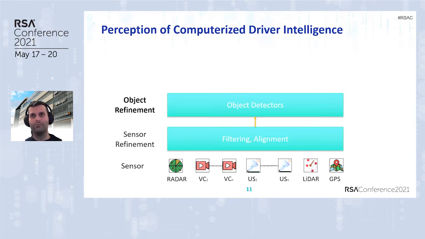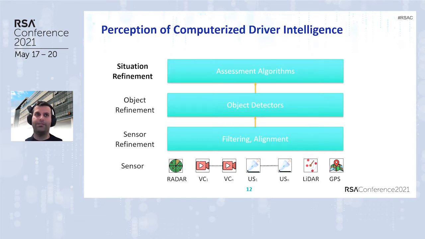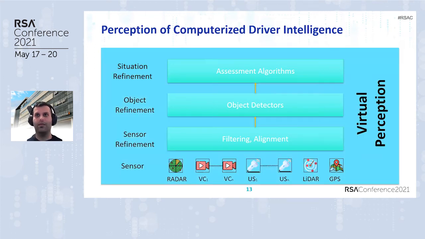The last layer in perception is the situation refinement, which mainly consists of assessment algorithms intended to assess the intentions of nearby objects, for example, pedestrians or nearby cars. As I mentioned, virtual perception consists of these 4 layers, with hardware and algorithms combined together.